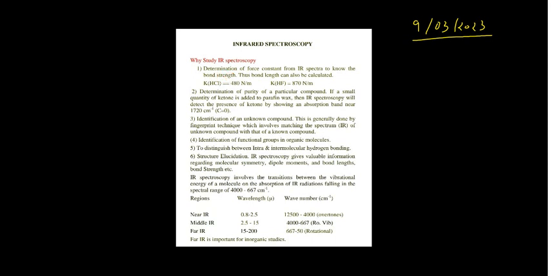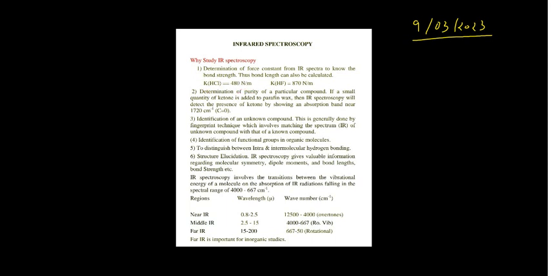Once you know the bond strength of that particular bond, it is very easy to calculate the bond length. There are a few examples. For hydrogen chloride, HCl, the force constant is 480 Newton per meter.